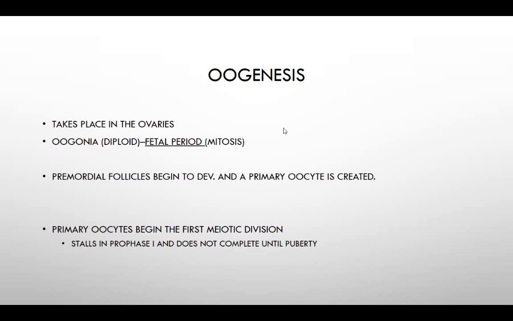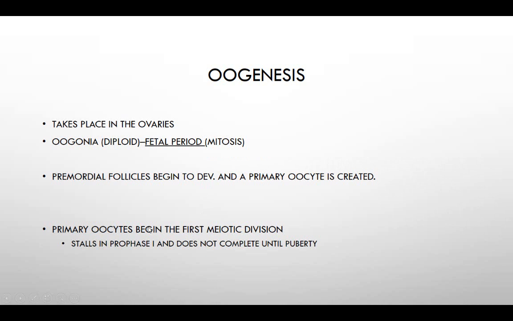The primary oocytes will begin the first meiotic division, and they will eventually stall in prophase 1, and it does not complete until puberty. So you were born, this is all fetal development here. You were born with these primordial follicles. A follicle is just cells around the egg or the oocyte, and these follicles surround the primary oocyte.